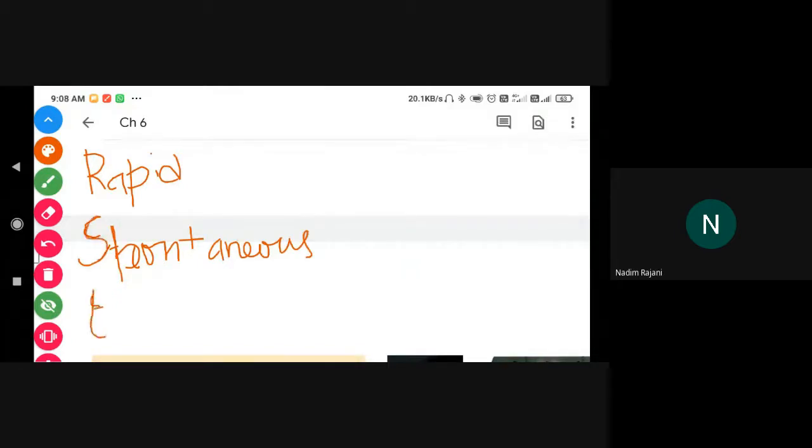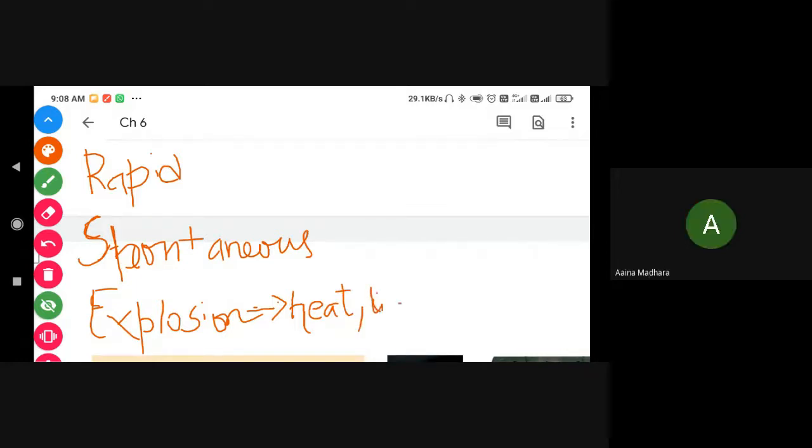Very good. Explosion. What happens in explosion, Modessa? We burn the flames. Is that correct? What is produced in explosion? Heat, light, and sound. Very good.